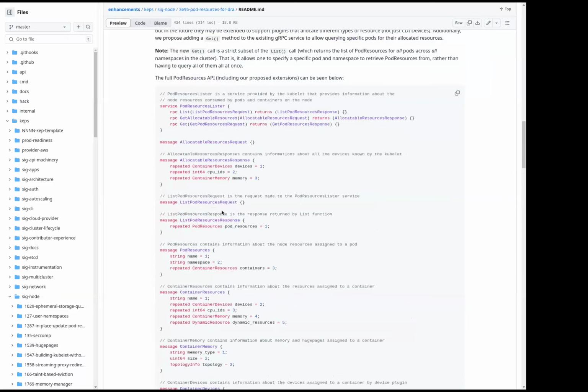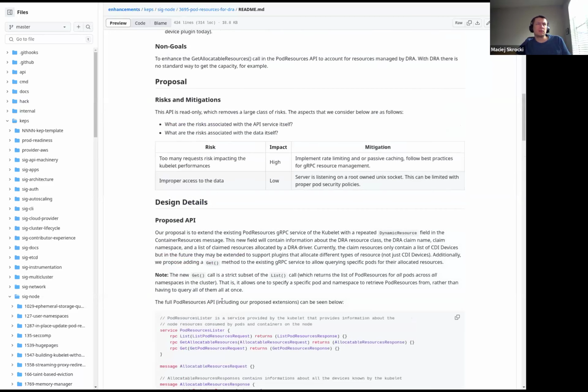Is that pod spec, or is this just calls to the API? What APIs is he expanding? The pod resources gRPC service of the kubelet. Oh, okay. So it's not the API of pod, it's just the gRPC for kubelet calls. That's what they want to expand.